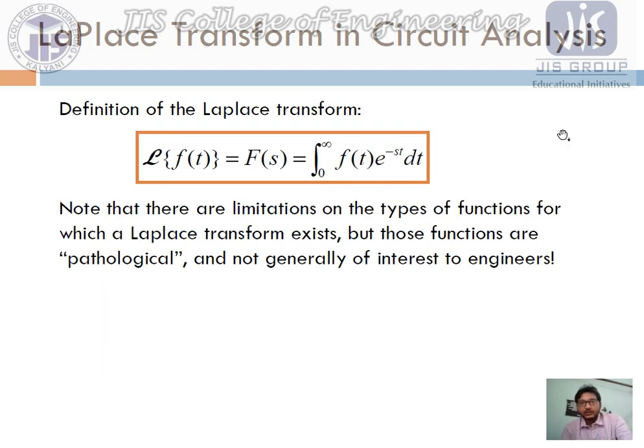Now, what is the common definition of the Laplace transformation? In mathematics 2, in our last semester, we have seen that the Laplace transformation of any time domain function is written as L of f of t, where f of t is the time domain function, L shows the Laplace transformation, and we write the result as F of s. S means the Laplace domain or S domain.